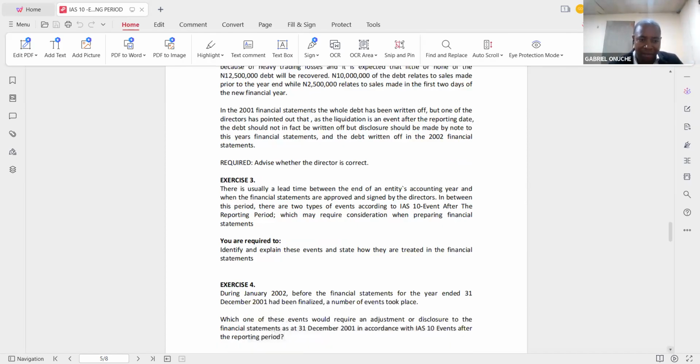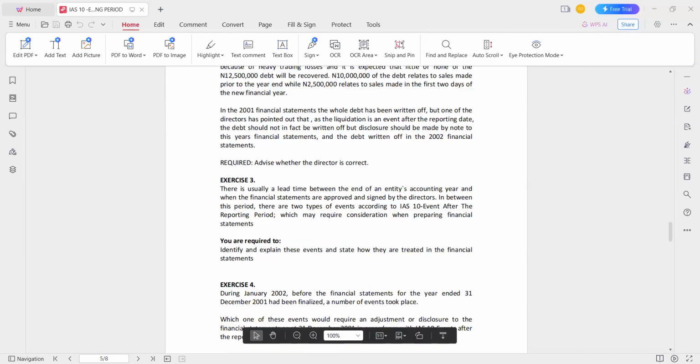You can read, Ma. There is usually a lead time between the end of an entity's accounting year and when the financial statements are approved and signed by the directors. In between this period, there are two types of events according to IAS 10, events after the reporting period, which may require consideration when preparing financial statements.